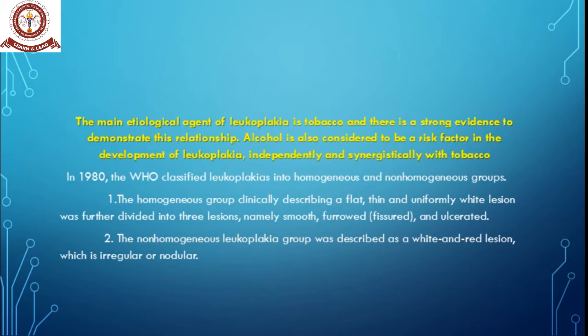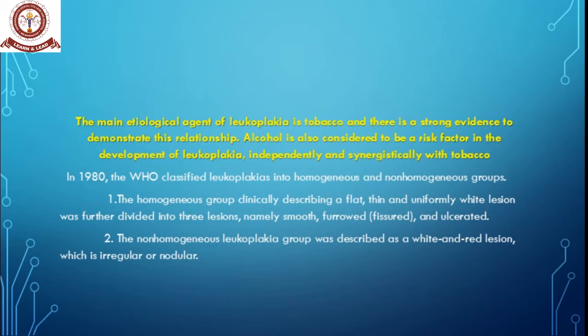The main etiological agent for leukoplakia is tobacco, but there is strong evidence to connect it with the use of alcohol, because alcohol and tobacco have a synergistic effect. Whatever tobacco is going to do, alcohol has a tendency to amplify it. In 1980, WHO classified leukoplakia into homogeneous and non-homogeneous groups. As the name says, homogeneous is uniform.